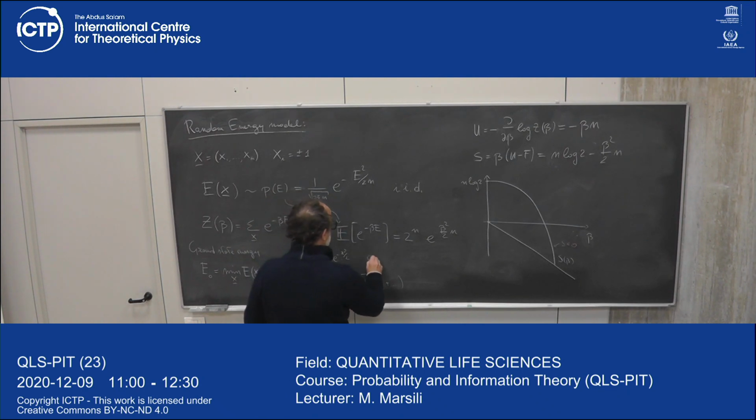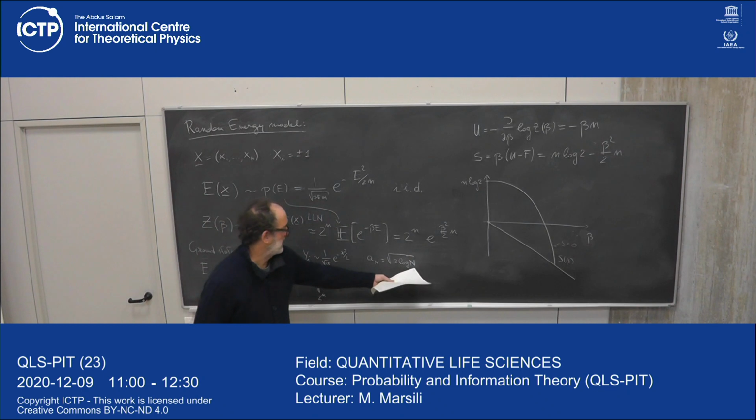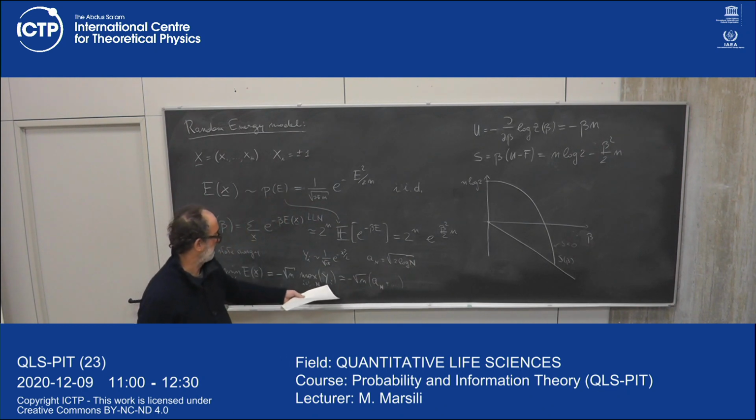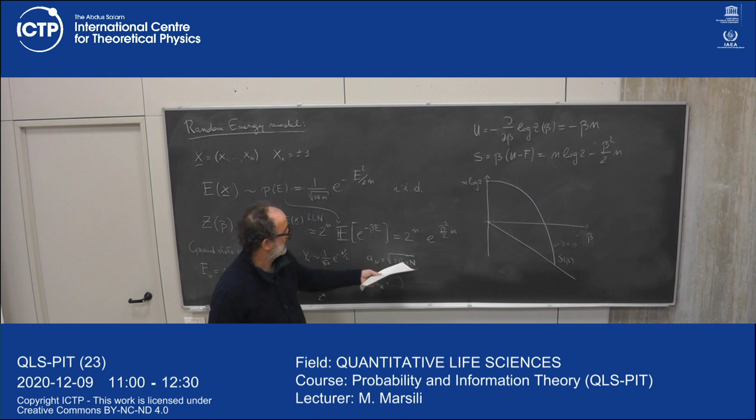But this AN for the Gaussian variable was essentially the square root of 2 times log N. Because the number of variables of which I'm taking the maximum is 2 to the n, this is the square root of 2 n log 2.